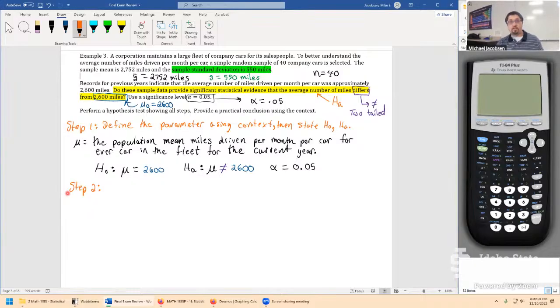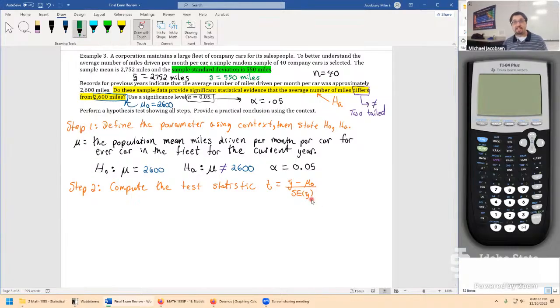Let's say for an overall step two, compute the test statistic T. And the test statistic T on this one is going to be y bar minus mu naught divided by standard error of y bar. I'll keep this as just one step too, so that's same as the 4 steps on the last time we did the hypothesis test.